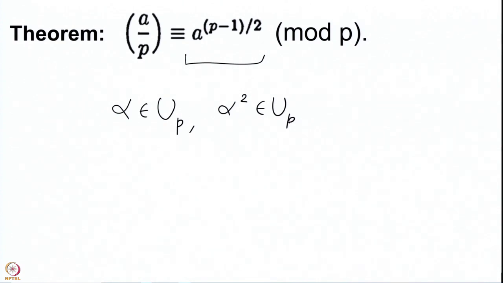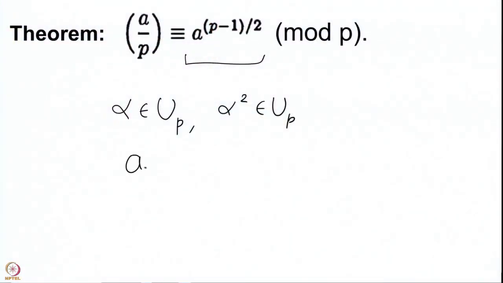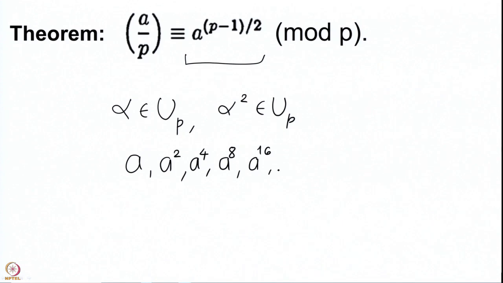If your prime is very big, then writing out the squares element-wise will be very difficult. So instead, once we have this element a, we compute a square, then the square of a square, which gives us a to the 4, then a to the 8, a to the 16 and so on as required.